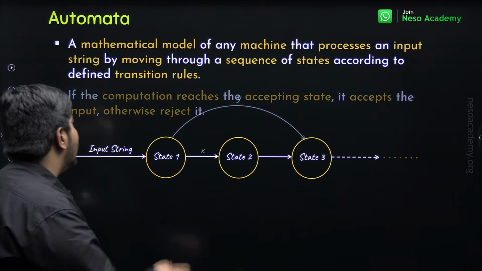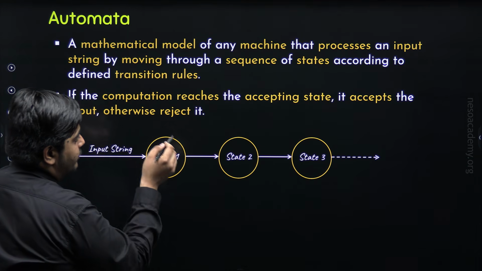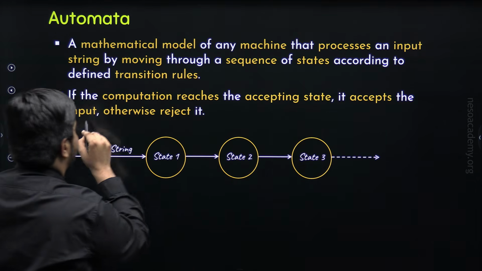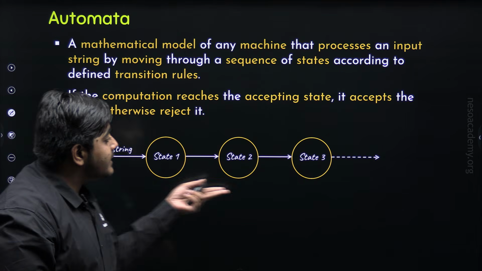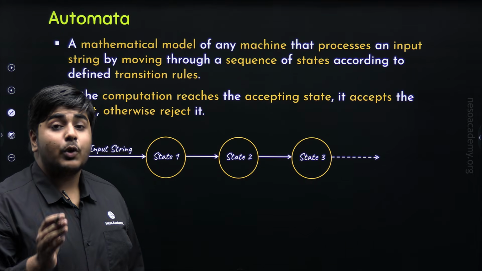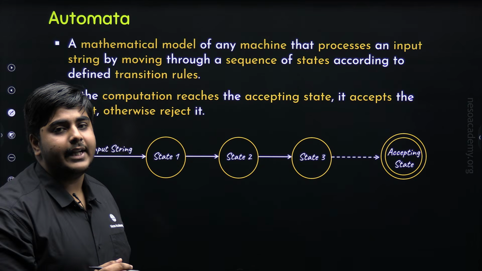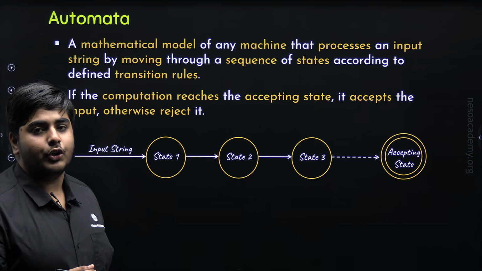So it means that if the computation or the processing of the input string reaches the accepting state, it accepts the input, otherwise it rejects it. So, while processing this input string, if the processing stops at the accepting state or the final state, it means that our input string is accepted by the automaton.